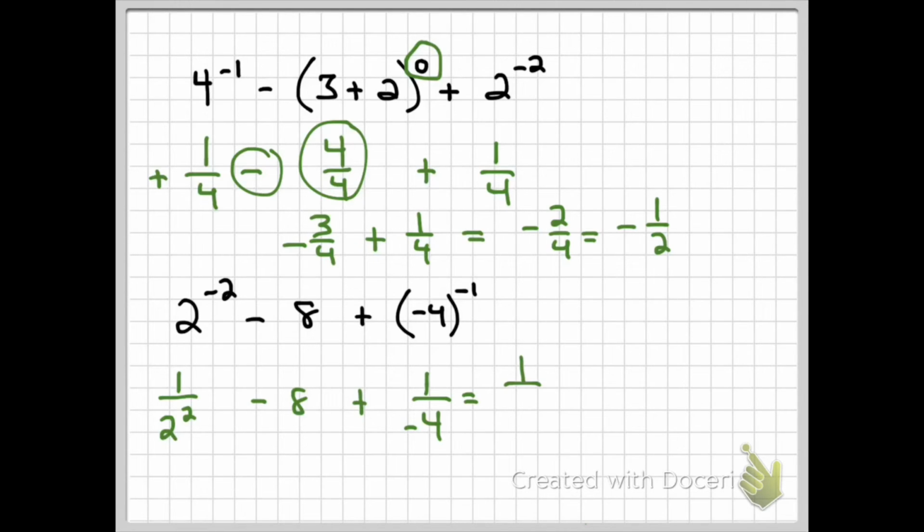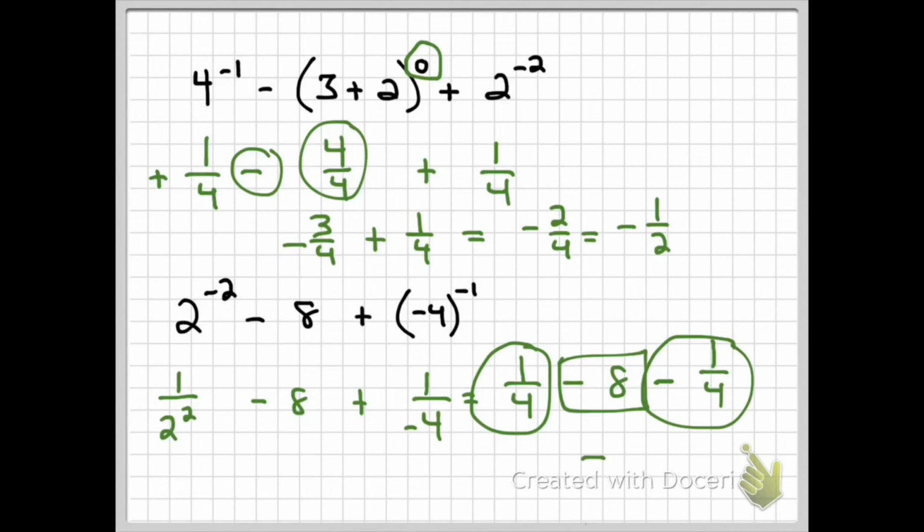We have 1 over 4 minus 8 minus, because we can get rid of this, or we can do plus the opposite, 1 over 4. I'm going to keep it like that. Now if you look, you can see that this positive 1/4 and this negative 1/4 should simply cancel out, right? So what ends up happening is you're left with this guy right here, right? So it's negative 8, okay?